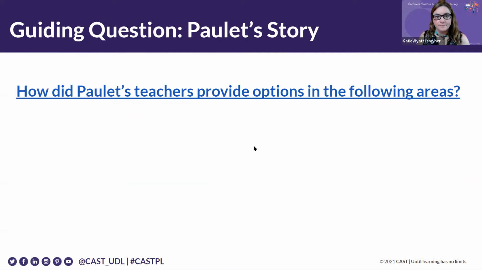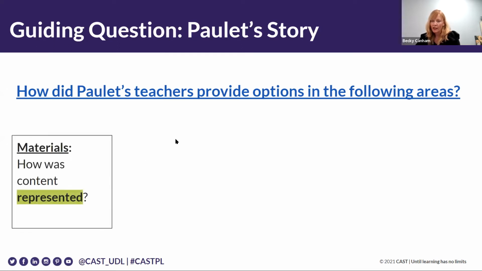Like I mentioned at the beginning, we have a very special guest today. Her name is Paulet. Paulet will be sharing her experience as a learner and how she was provided options.